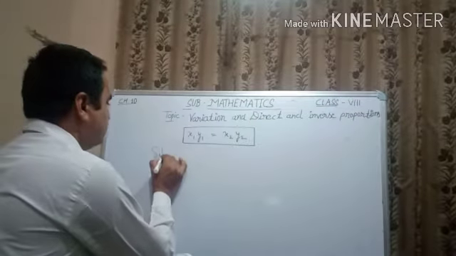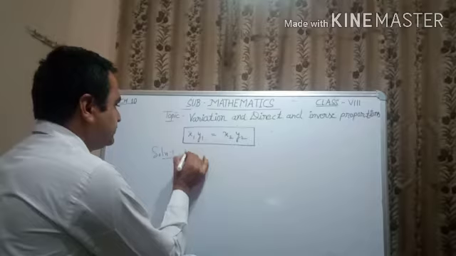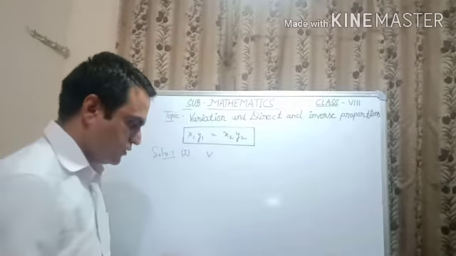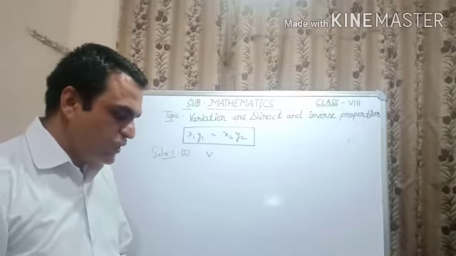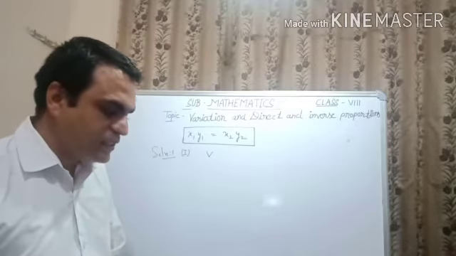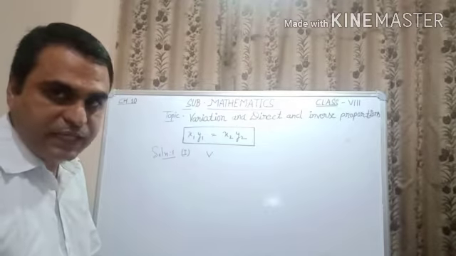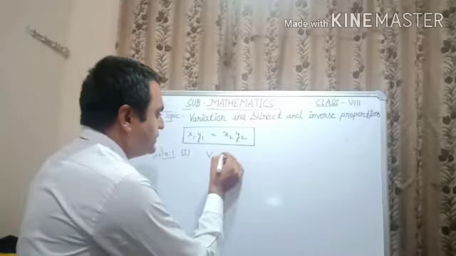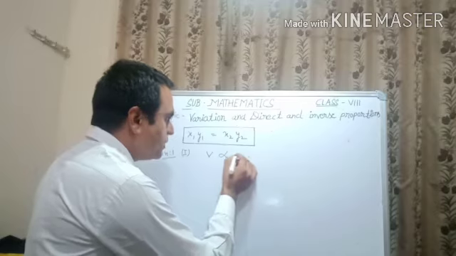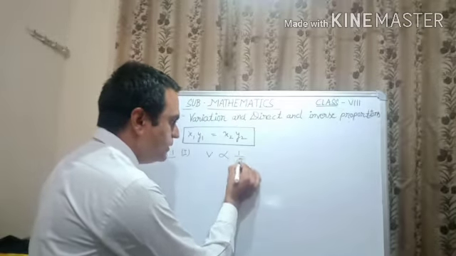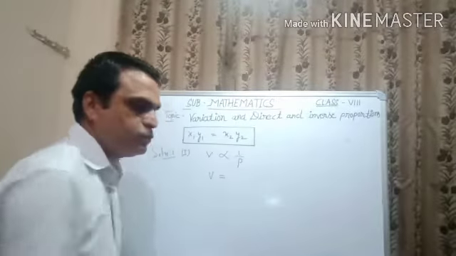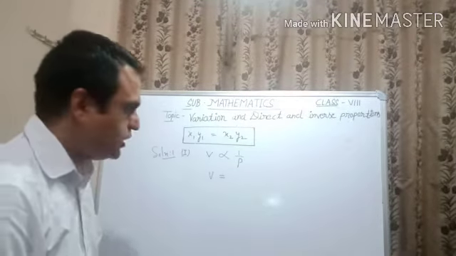Question number 1, first part. The volume V of a gas at a fixed temperature, temperature is fixed, varies inversely as the pressure P. So we write V is inversely proportional to 1 upon P. Now we write V equals, this proportion sign changes into an equal to sign.